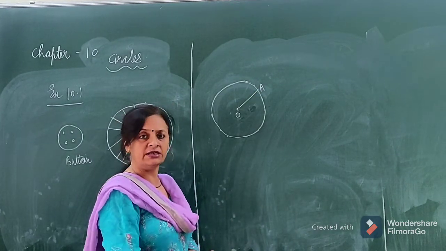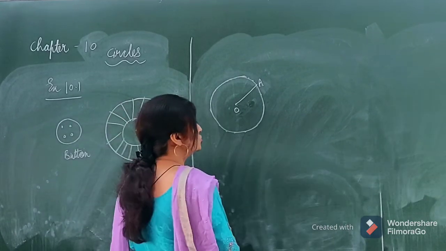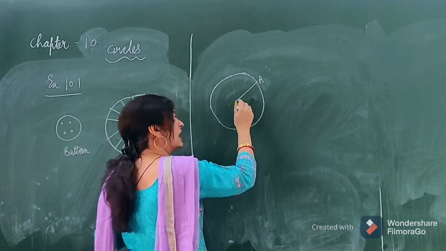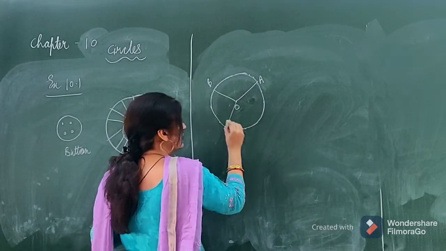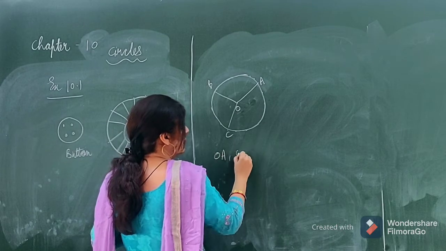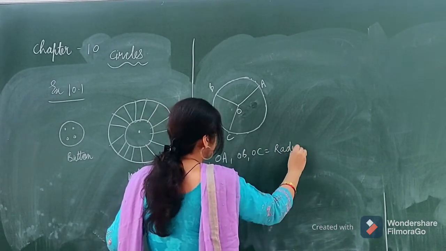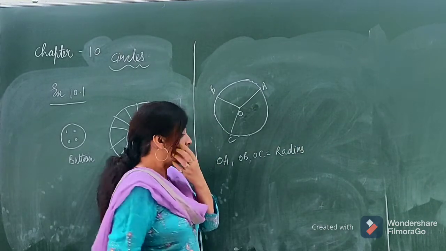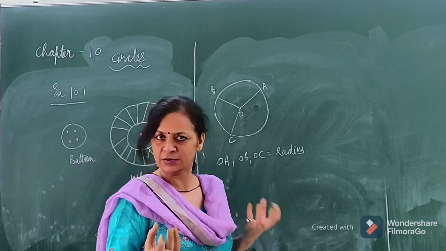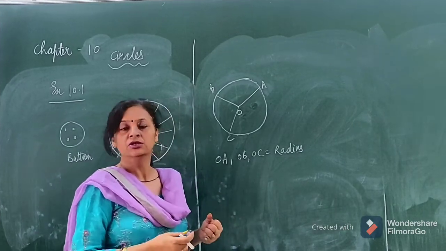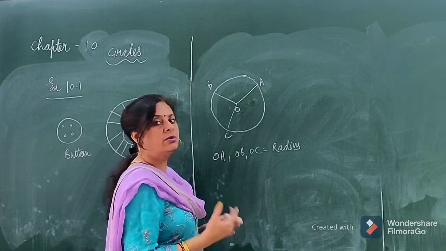Another definition of radius: a line segment which joins the fixed point to any point on the circle is known as the radius. So here OA, OB and OC, they all are radii. Radii is the plural form of radius. And what do you mean by a line segment?